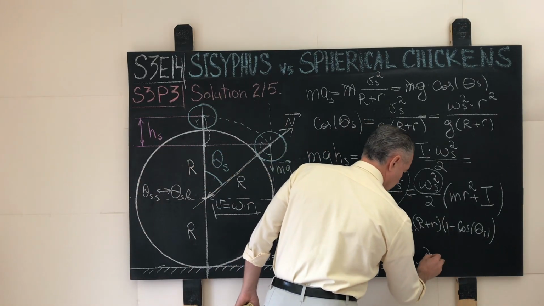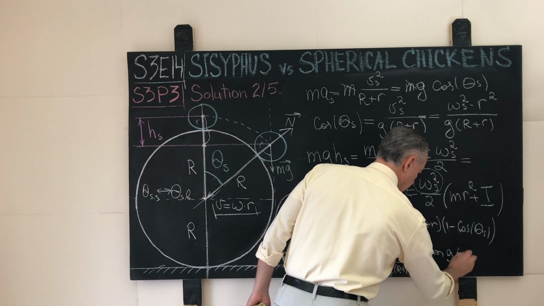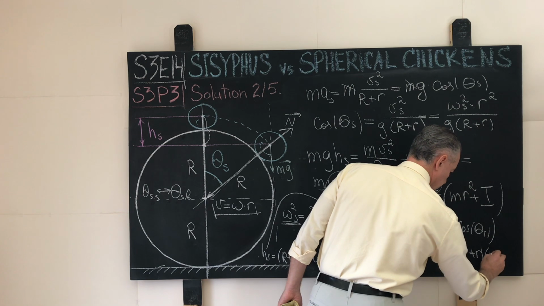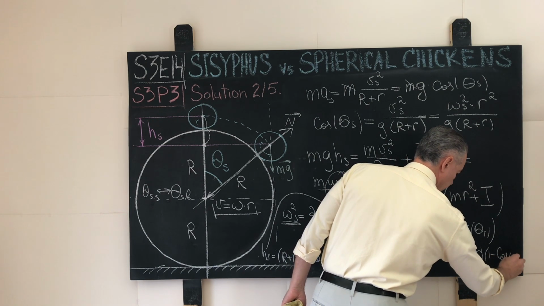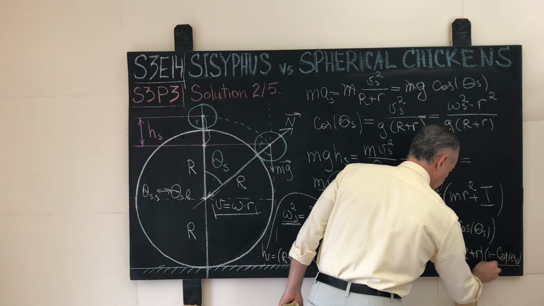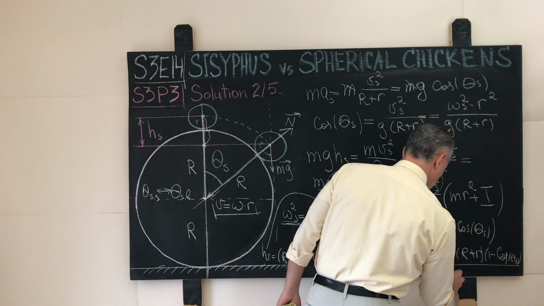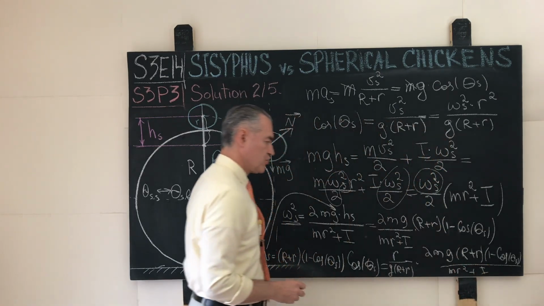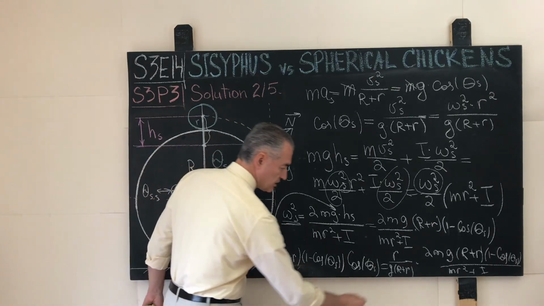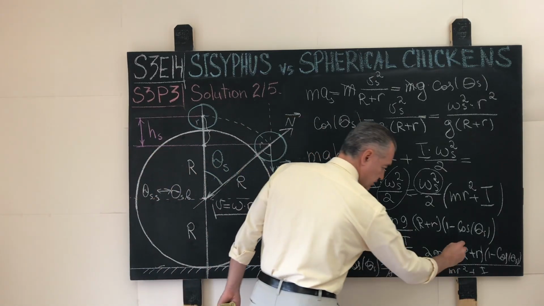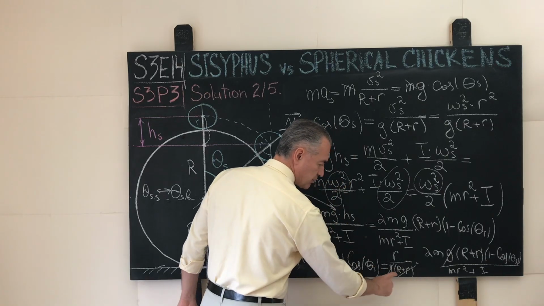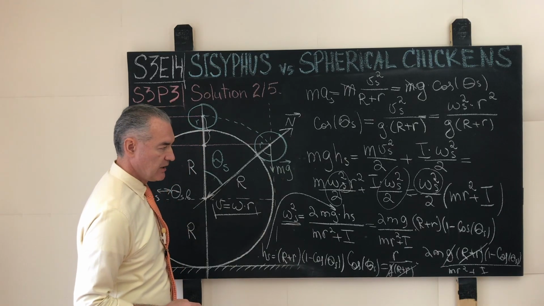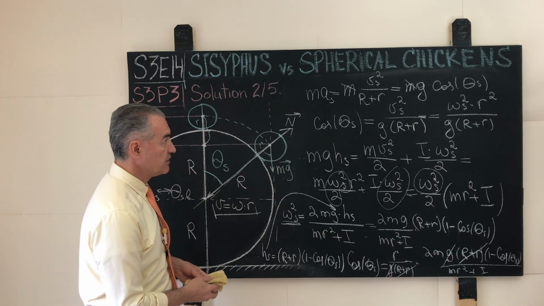So 2mg(R plus r) times 1 minus cosine of theta_s divided by mr squared plus the moment of inertia I. What do we see? We see that the acceleration due to gravity g cancels out. The sum uppercase R plus lowercase r cancels out. And what do we have? We have a nice expression.